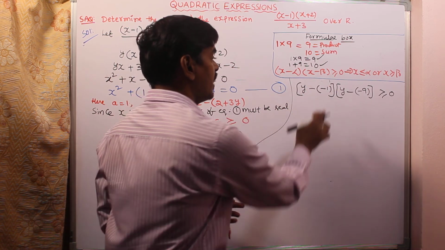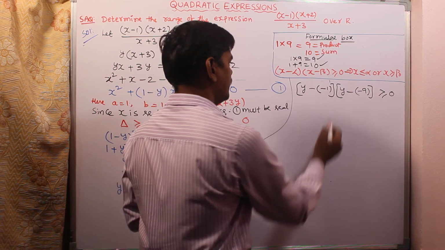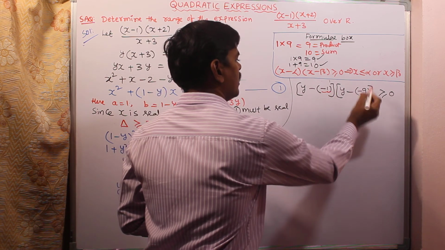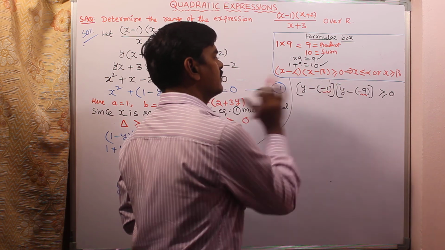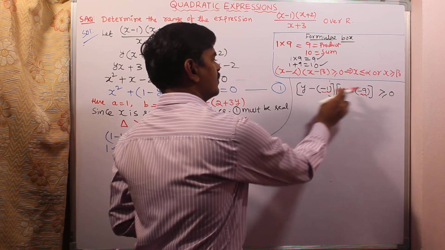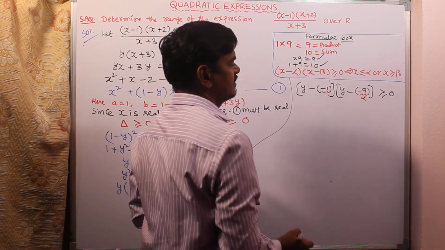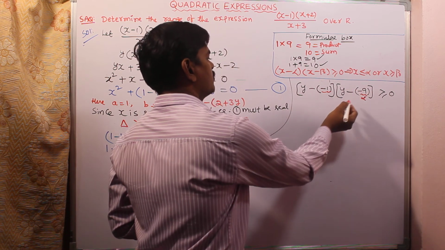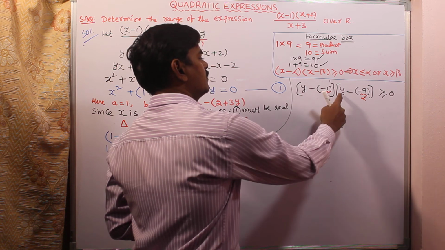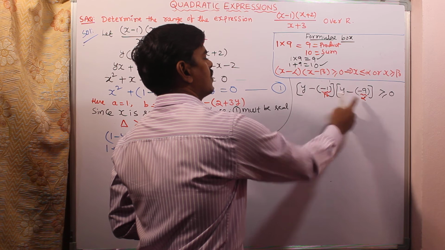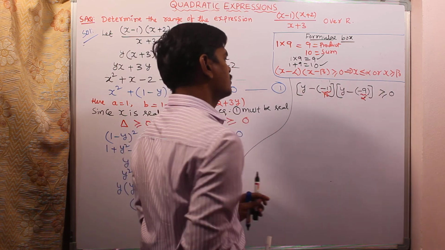Of these two values, after the negative sign, here we have minus 1, here we have minus 9. Of these two values, the smaller value is alpha and the greater value is beta. You see minus 1, minus 9, the smaller one is minus 9. So that must be assumed as alpha and minus 1 must be assumed as beta.